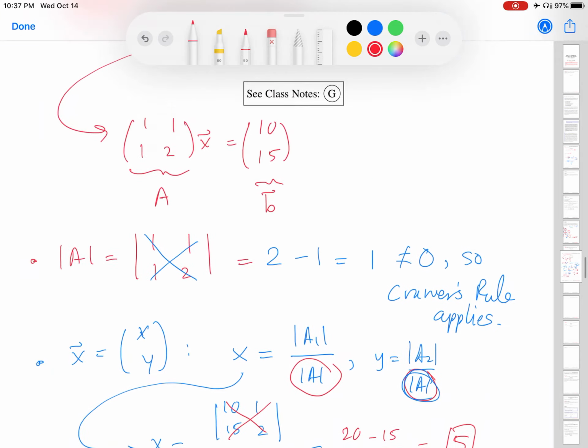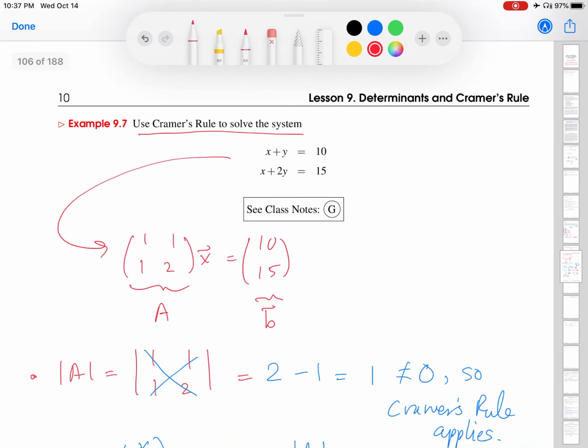And this is such a sophisticated result, Cramer's rule, that it's sometimes useful to check just to make sure that you've done the arithmetic correctly. There's a lot of stuff going on with the determinants and the A sub 1 and A sub 2. So we can always check our work in a linear system if we think we found a solution by substituting it into the system.